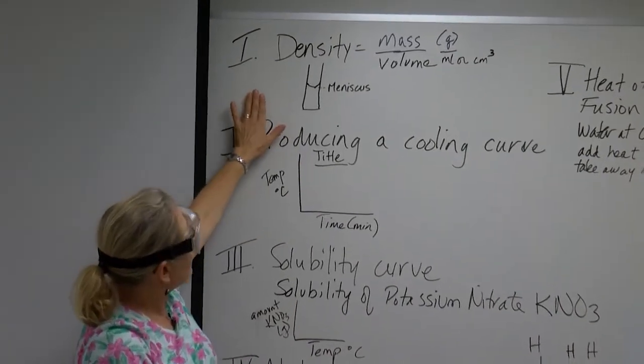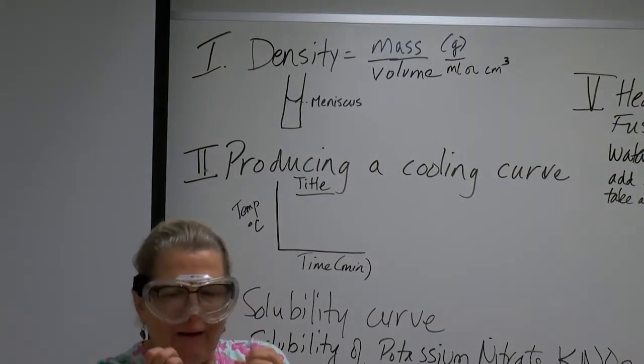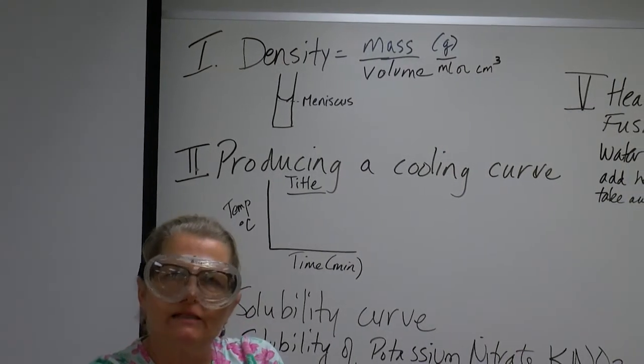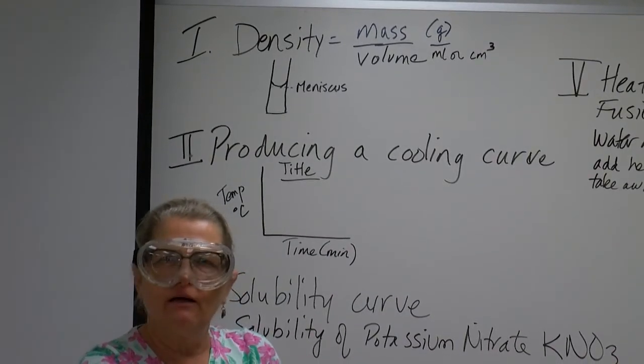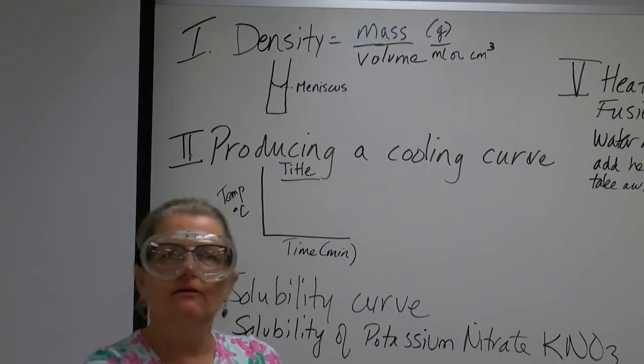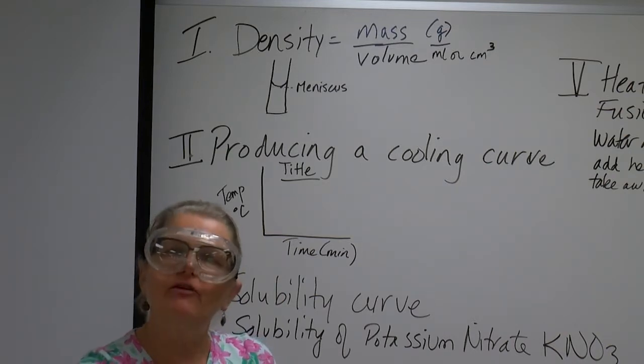The first is density. Density is so interesting. Molecules themselves have various densities. A molecule of water has a different density than a molecule of carbon dioxide because they're made of different atoms.